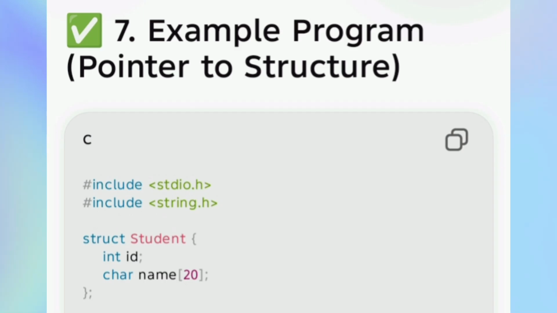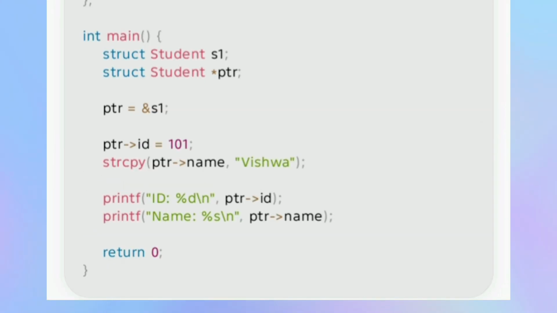Example program, pointer to structure: hash include stdio.h, hash include string.h, struct student, int id, char name, close the bracket. In this structure there are two variables, id and name.